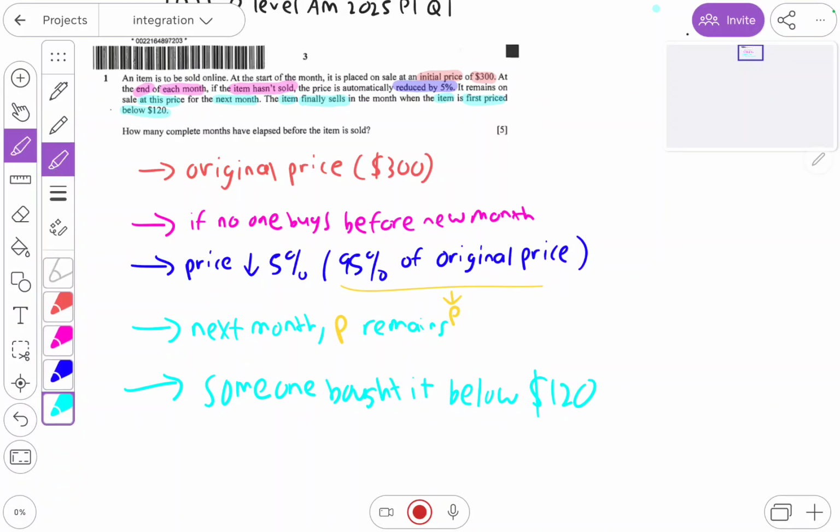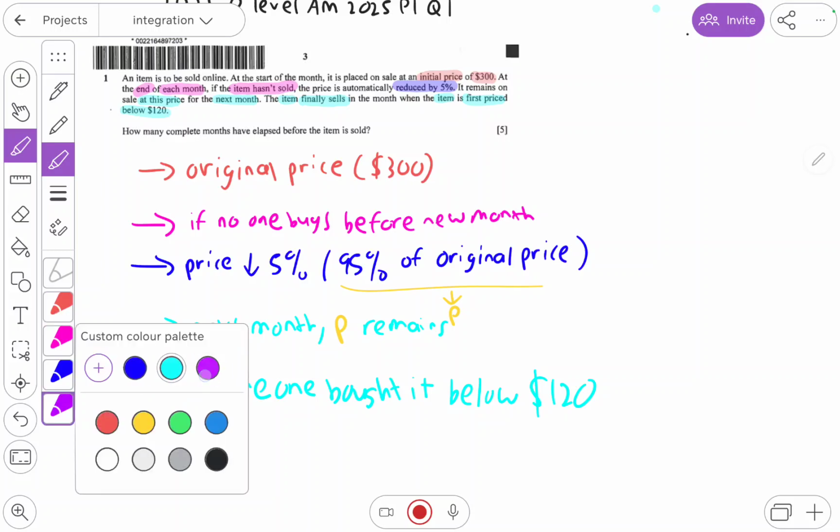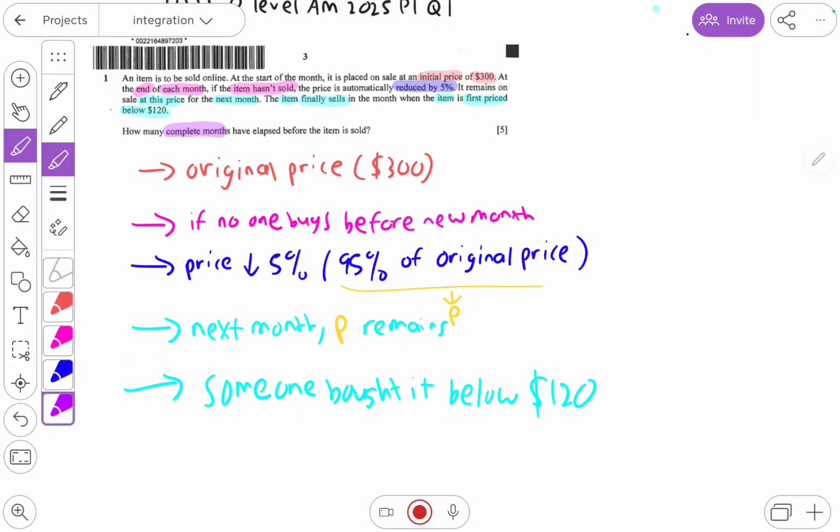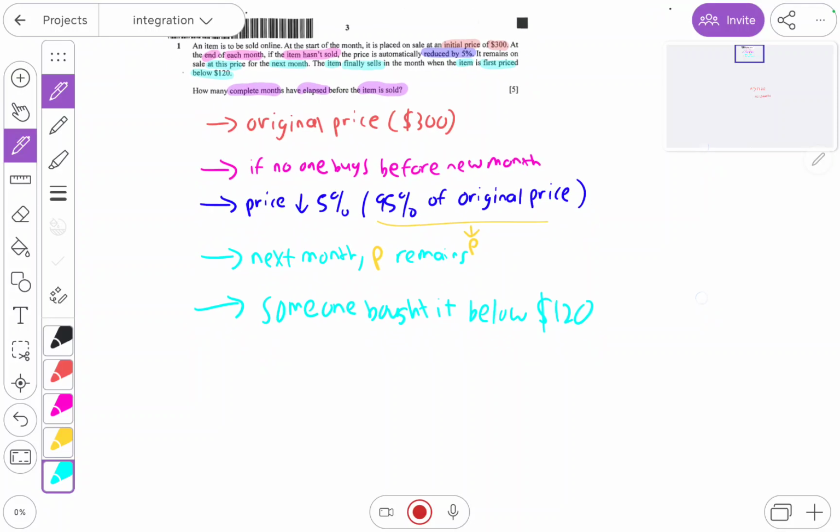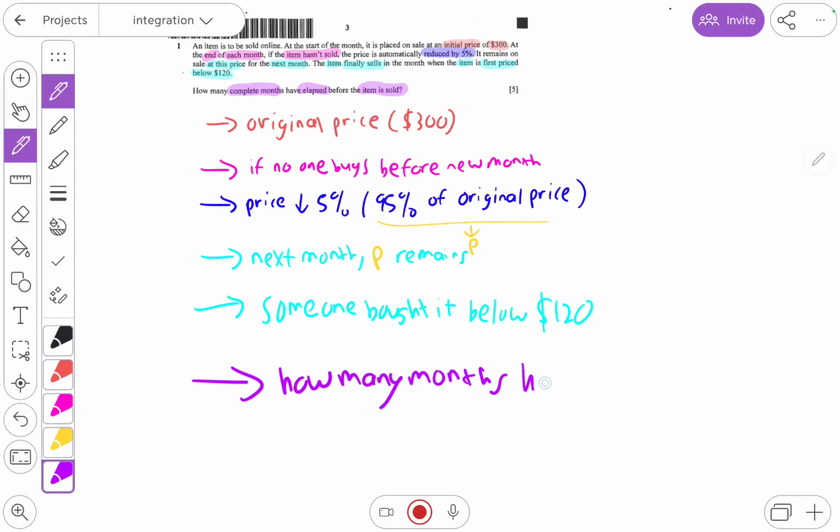And now what did the question ask? I read the whole thing first. Now the question asks, how many complete months have elapsed before the item is sold? What does this mean? They want to know how many months have passed. Have elapsed means have passed, before someone buys it.